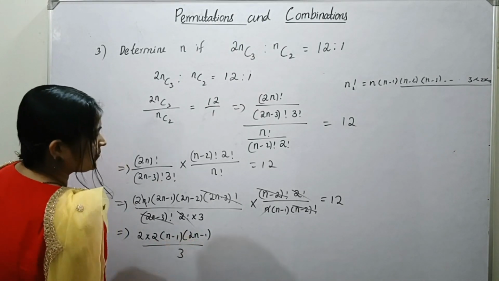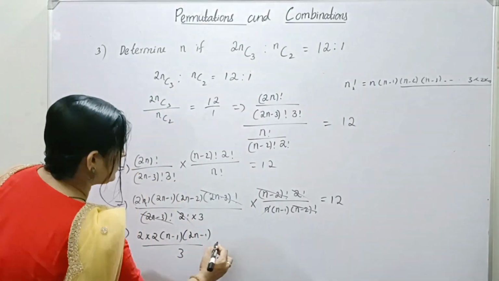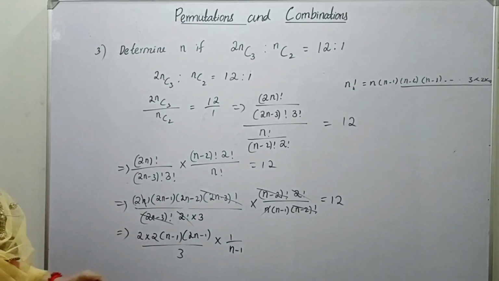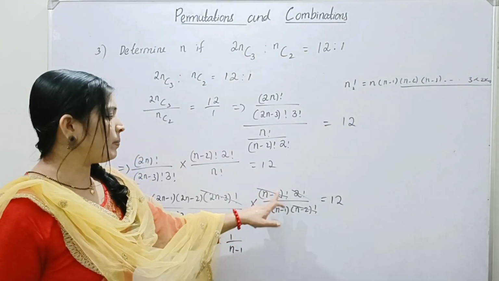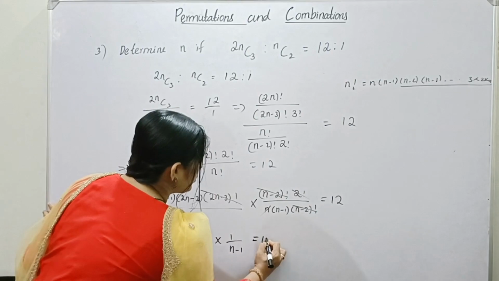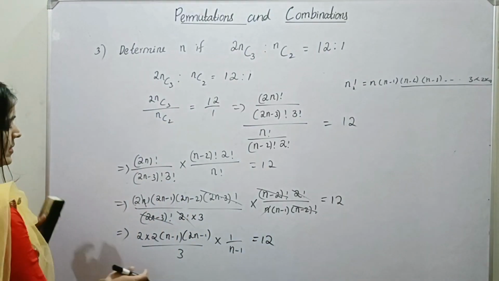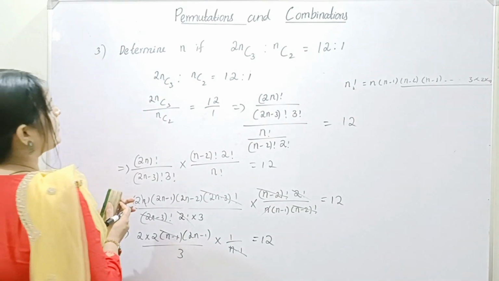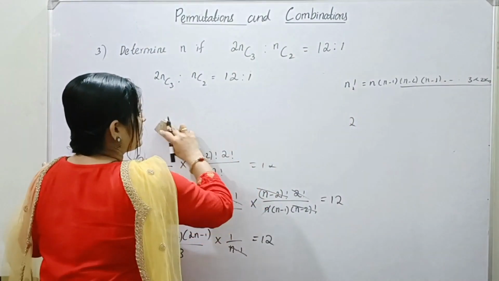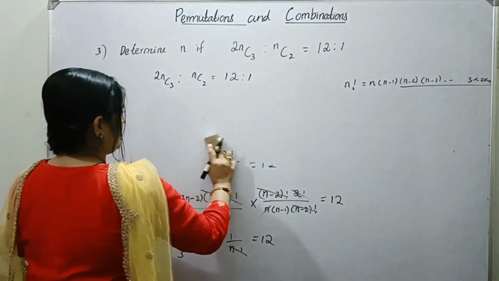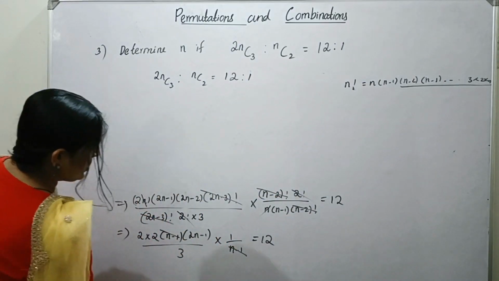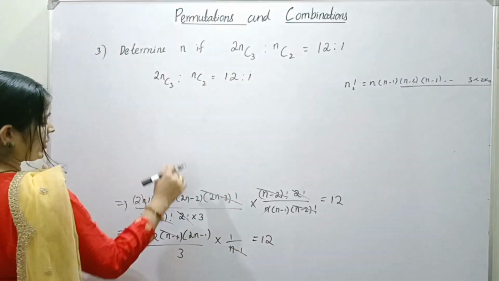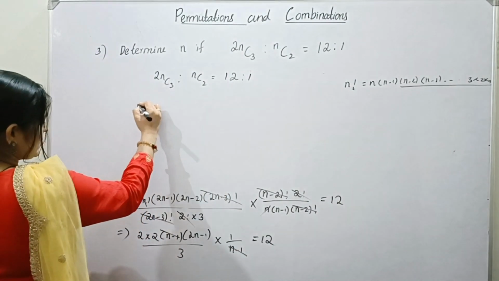Divided by 3, into 1 by n minus 1. The remaining terms are cancelled. So remaining is 1 by n minus 1, that is equal to 12. Now this n minus 1 cancels. Then 4 3s are 12, that also cancels.